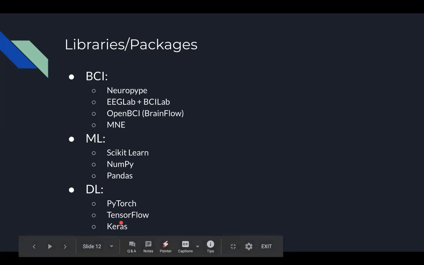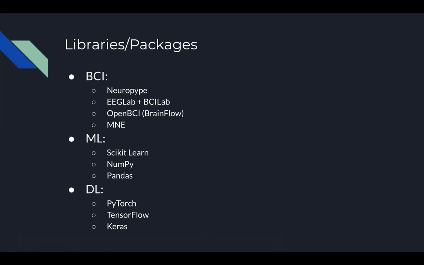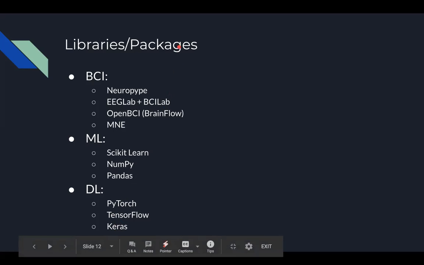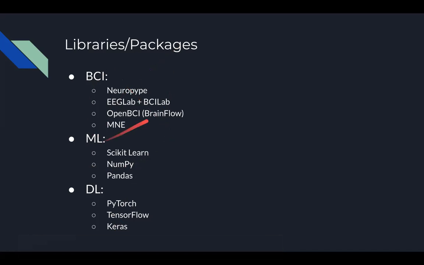And then Keras is used all over the place. It's more for quick experimentation without trying to do too much fancy neural architecture stuff. So yeah, these are some definitely relevant packages. If you do anything in any of these spaces, you're probably going to end up using one of these.